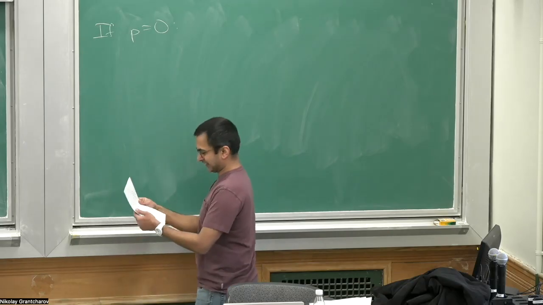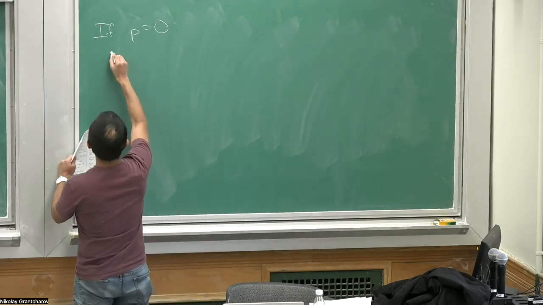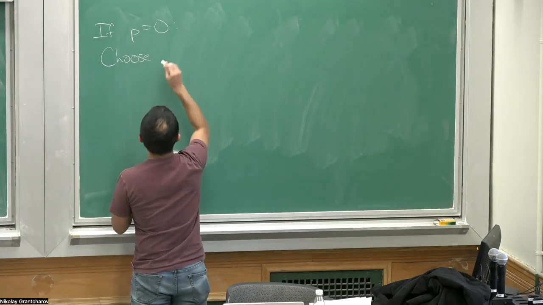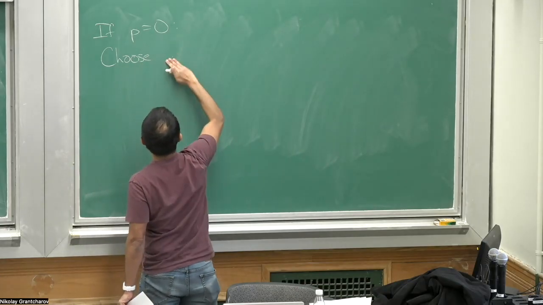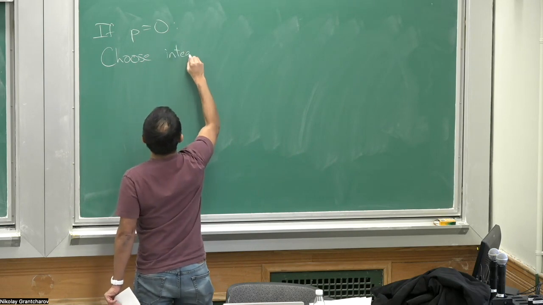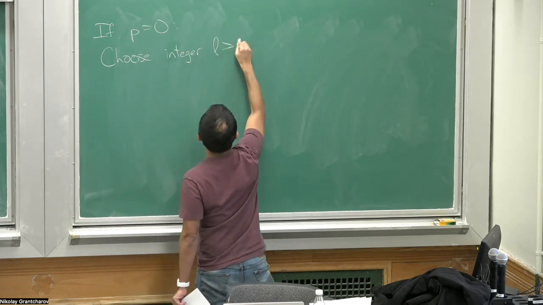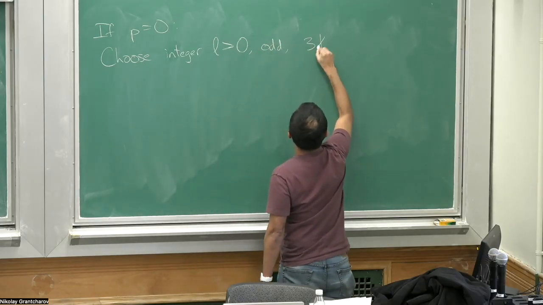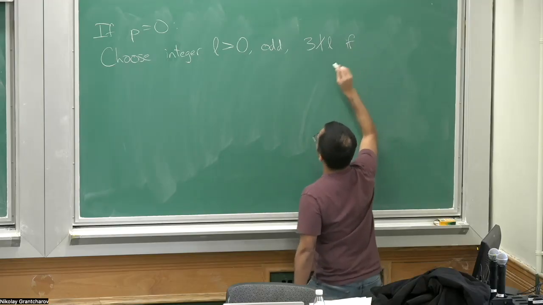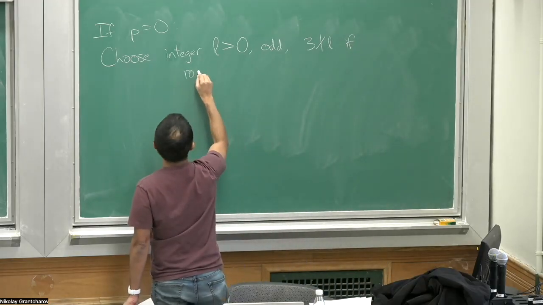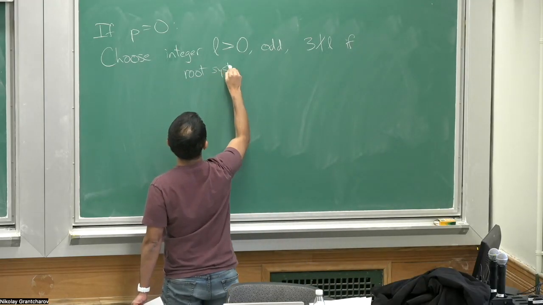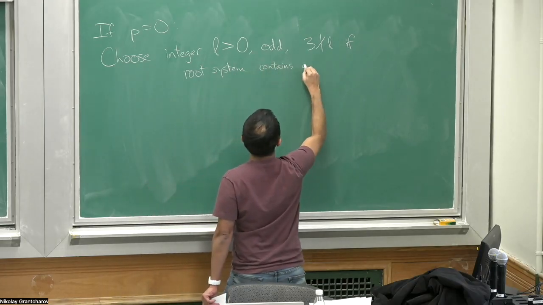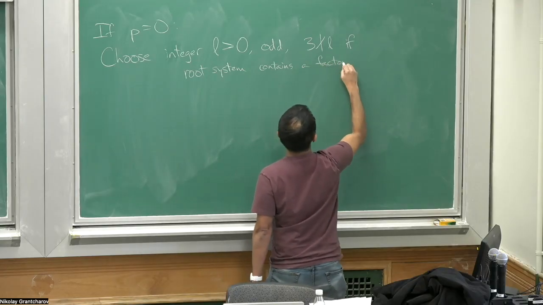So if P equals 0, here's what I'm going to do. Choose an integer L, greater than 0, odd, and not divisible by 3 if the root system you're interested in contains a factor of type G2.